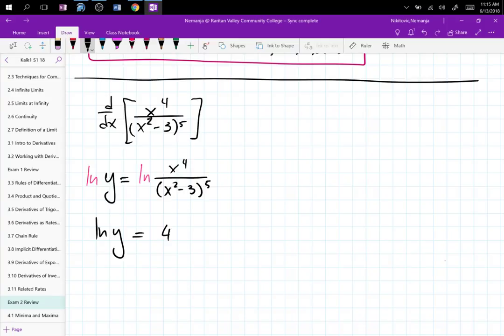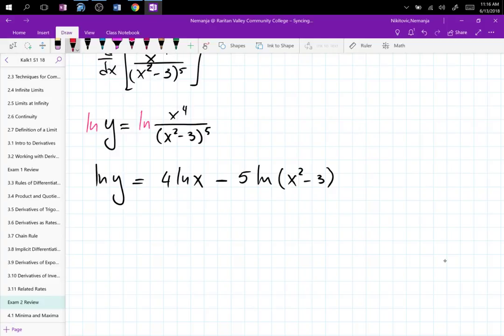So it's going to be 4 ln x, because the exponent 4 goes in front of ln, minus 5 ln of x squared minus 3. Now, x squared minus 3 cannot break through ln formulas unless you factor it and get x minus root 3, x plus root 3, and then you can. But it's just overkill, so no reason.